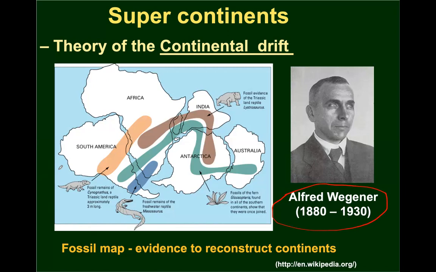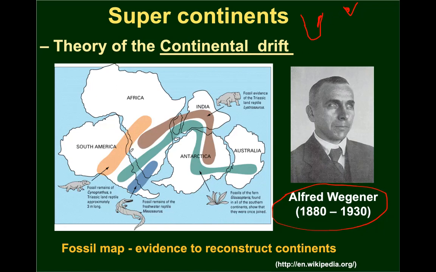For example, he was curious about the distribution of plants and animals among the continents. As you know, some part of Africa, for example, if I draw Africa like this, and some part of India like here, right? Alfred Wegener noticed that similar types of flora and similar types of fauna can be found in both of these continents, in regions like here, for example, the eastern part of Africa and the western part of India.